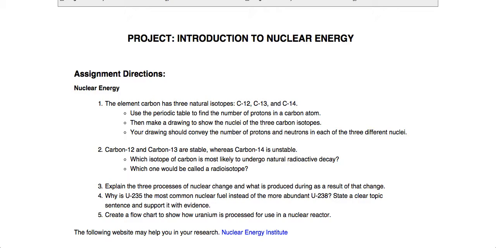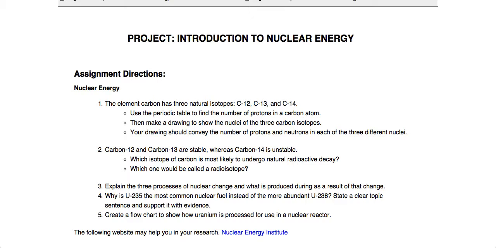And then finally, create a flow chart to show how uranium is processed for use in a nuclear reactor. Again, you can do this either by drawing it, or you can give me a Word flow chart with arrows, which is equally as good. With that, where you are getting your sources is all I care about.